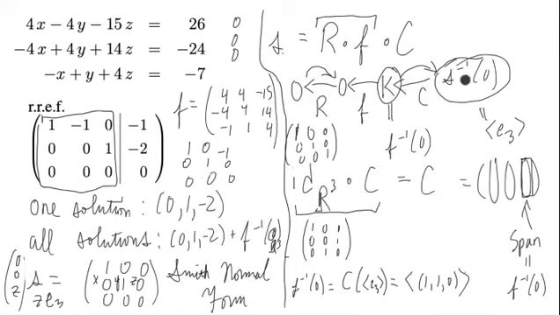If we have something over here in the span of E3, and we run it through, we'll eventually get to 0, of course, because that's what we just talked about. The image at the end will be the 0 vector.